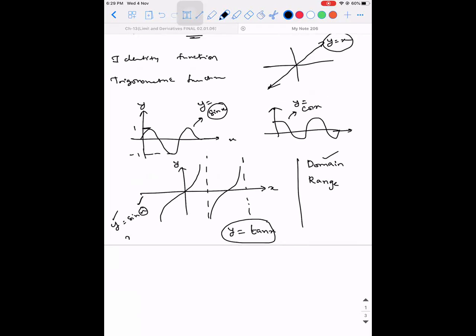That is why for sin x, x belongs to R and y belongs to -1 to 1. Similarly, when I ask you about cos x, what will you say? x belongs to R and y belongs to -1 to 1. Can someone tell me for tan x?